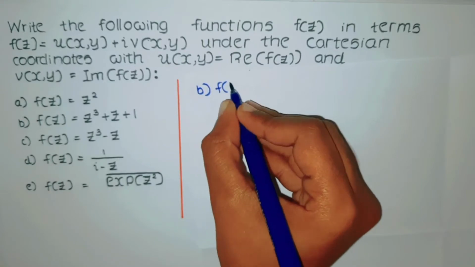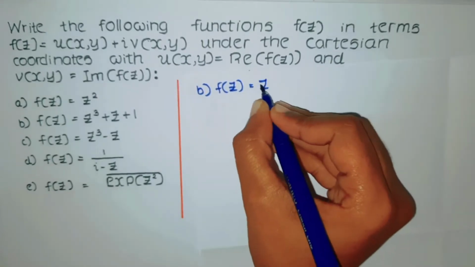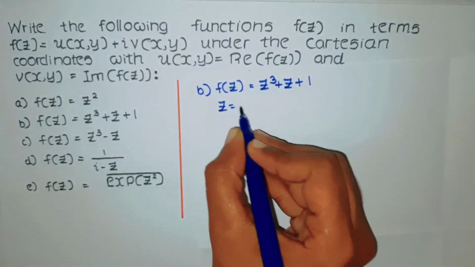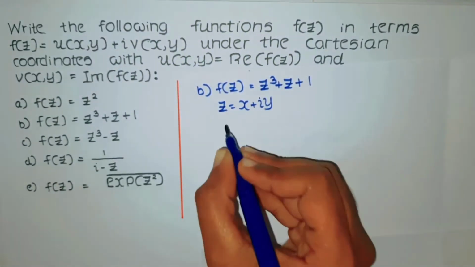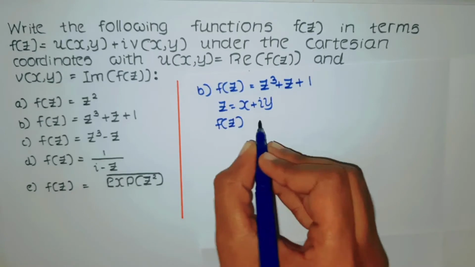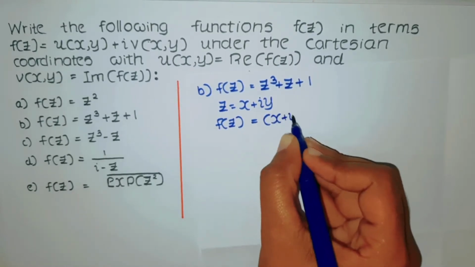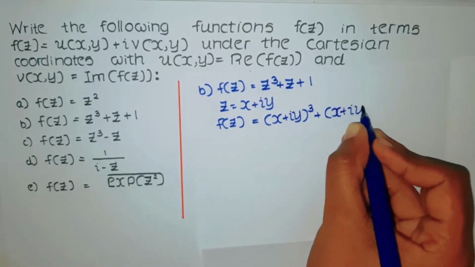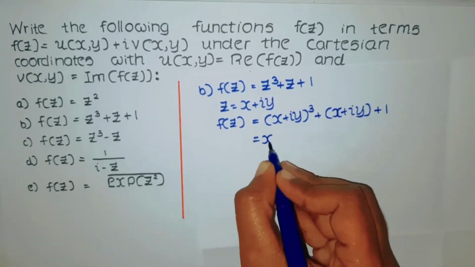f(z) equals z cubed plus z plus 1. As the previous one, we can write z as x plus iy. Then we can substitute it into the function. Then you will get it like this. As the previous, remove the brackets.